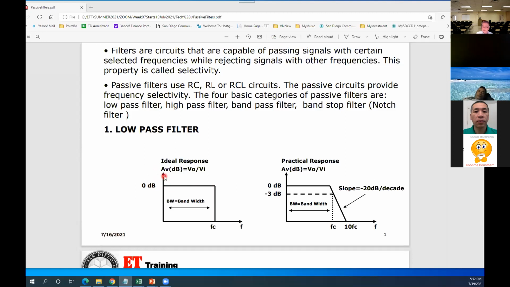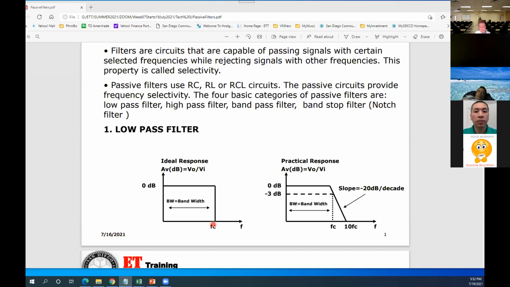And for the ideal filter, they go down to the cutoff FC, meaning cutoff frequency. Okay, cutoff frequency. What is the cutoff frequency? You can get a different name. Okay?